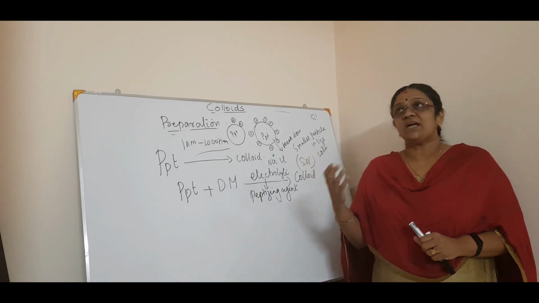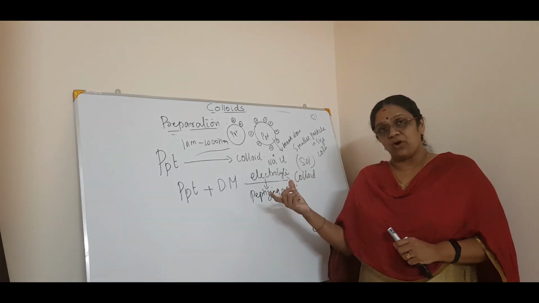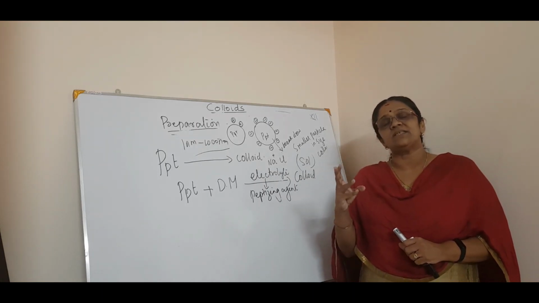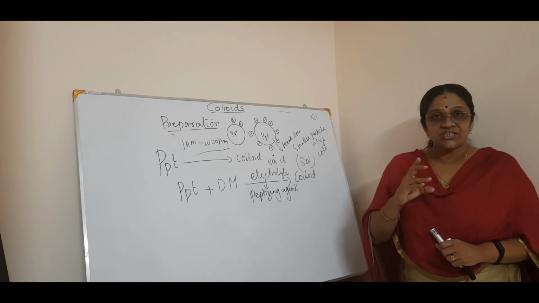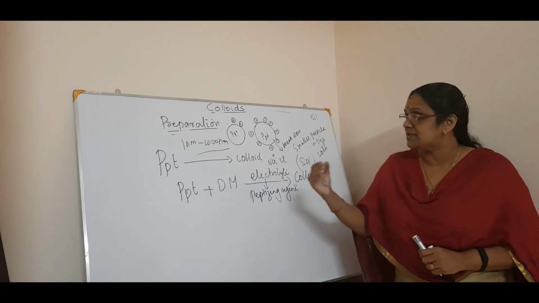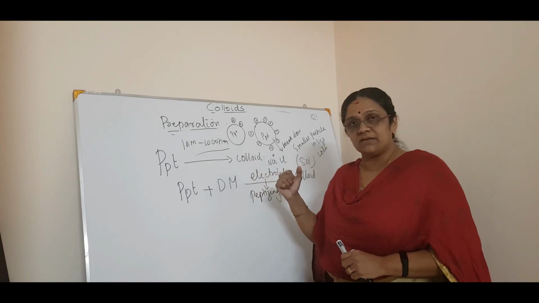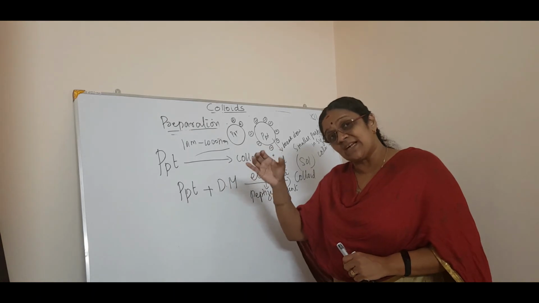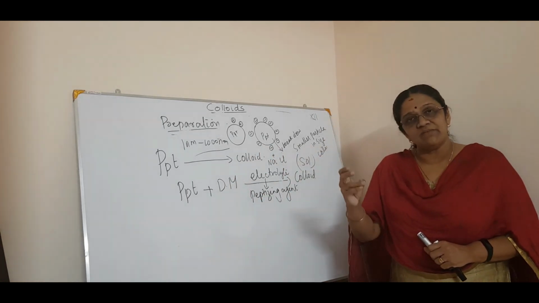Today we have studied associated colloids, that is micelles. Then the preparation of colloids, which means four things. First, chemical methods, with four subdivisions: double decomposition, oxidation, reduction and hydrolysis. Second is Bredig's arc disintegration method, where both dispersion as well as condensation take place, and it is only for noble metals, for example gold, silver or platinum.